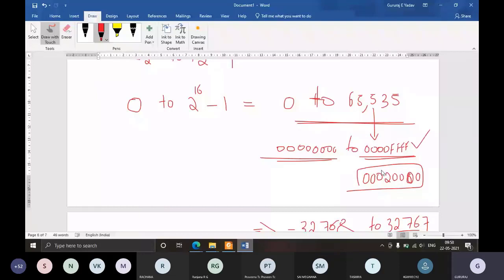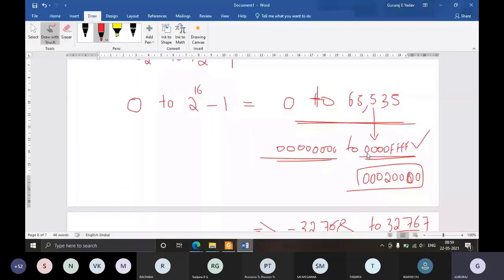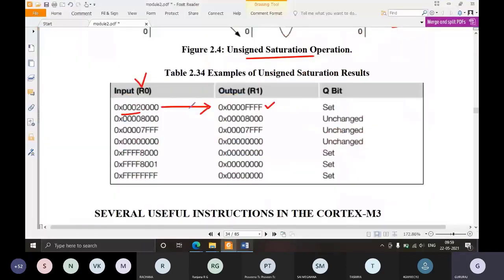Hence, rounding off will take place to the maximum positive value we can represent, which is 4 zeros followed by 4 F's. Since saturation has taken place, that is indicated by setting the Q bit to 1 in the APSR.